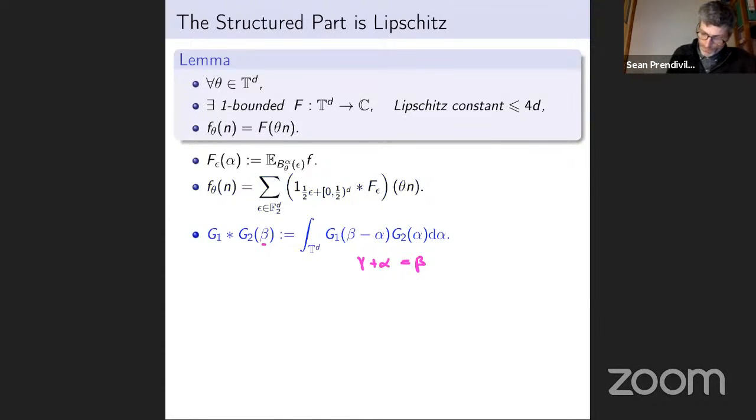So this looks a little hard to parse, but just take it on trust that you can write this projection as a convolution with respect to these numbers.